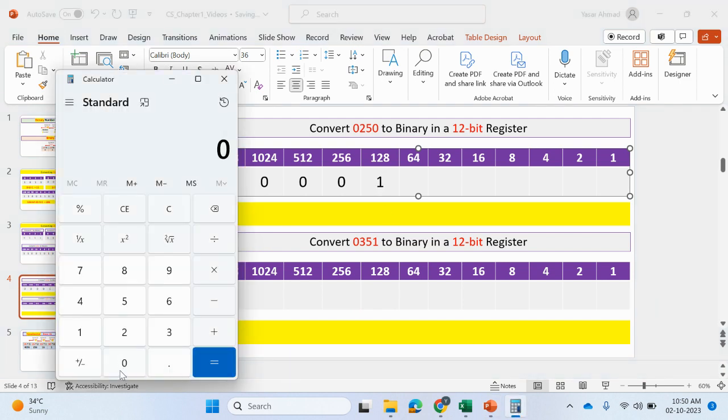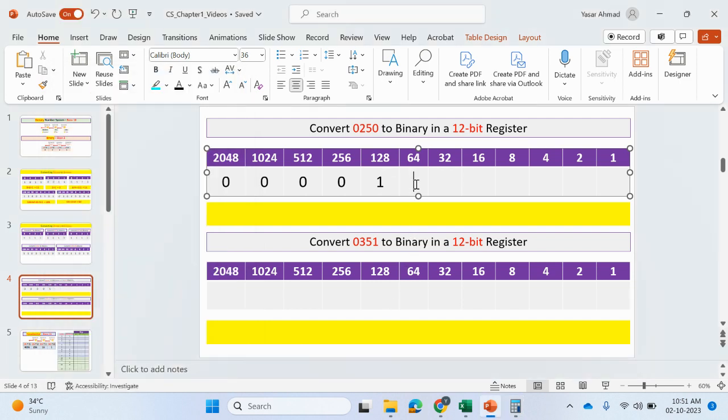Okay, 122 left. So sorry, let me just do that again. Yeah, it was 122. So now what we're going to do is 122 take away 64. Okay, we got 58.